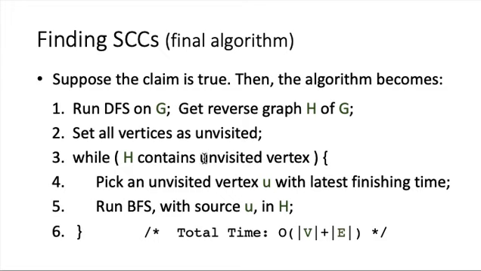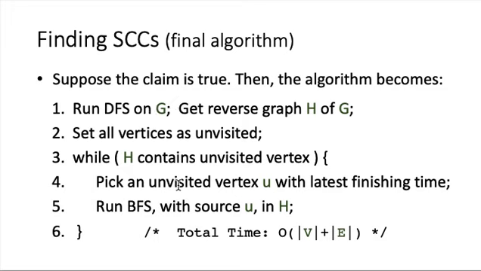While H contains an unvisited vertex, this time we perform the SCC finding. We pick an unvisited vertex U with the latest finishing time. This finishing time is according to what we have done in line 1.